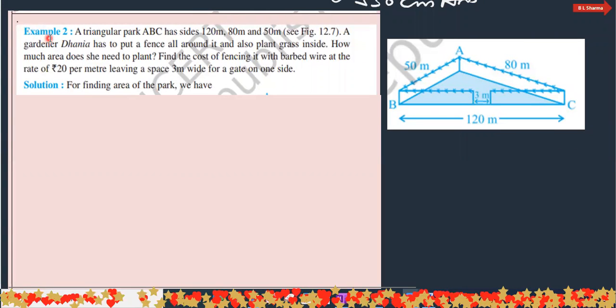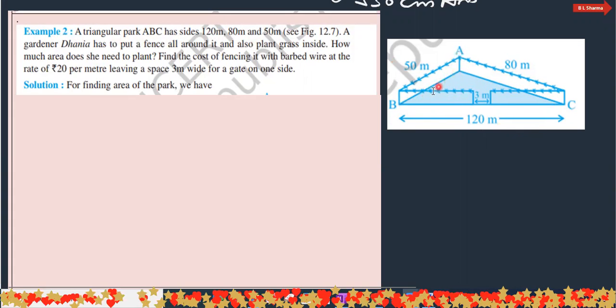Example 2. We read the question carefully. A triangular park ABC has sides 120 meter, 80 meter, and 50 meter. This is a triangular park, A, B, C, and its three sides are 120 meter, this is 80 meter, and this is 50 meter.